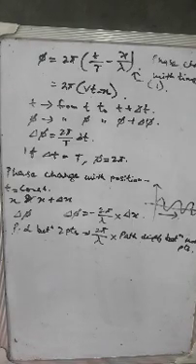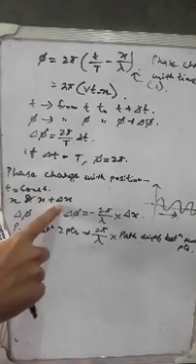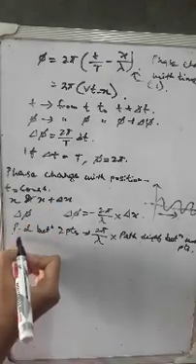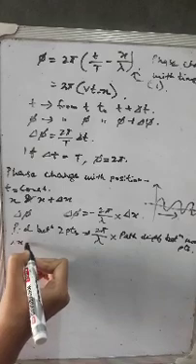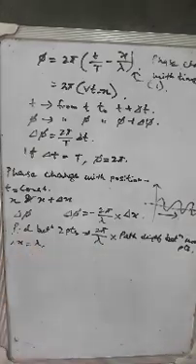If your del x is lambda, then the phase change is 2 pi.